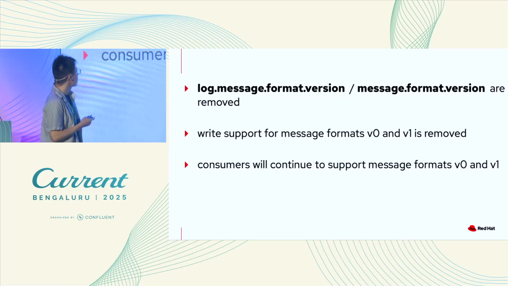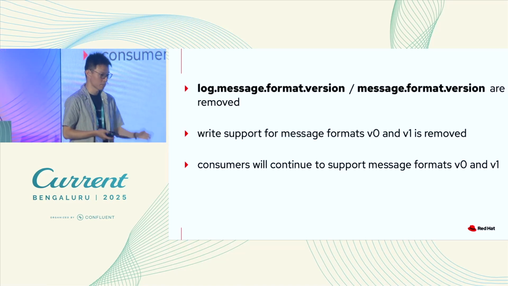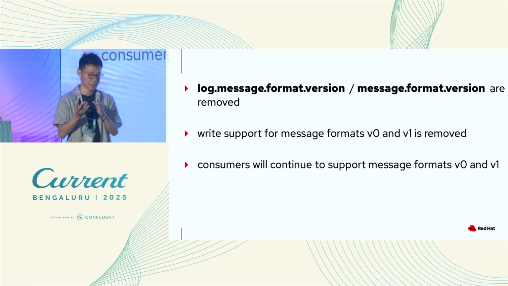And the next one, write support. Write support for message format 0 and 1 will not be supported. So the broker will reject your data if you are sending with message format 0 and 1. Please remember.